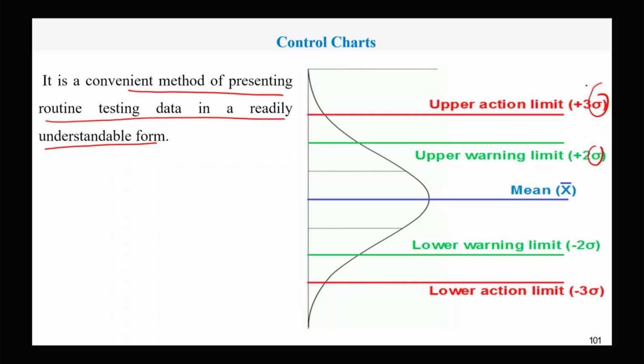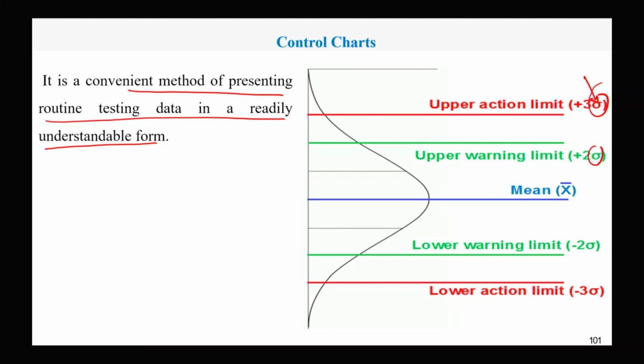This standard deviation sigma is obtained from our previous data, or from the data given by our customer, if they say, okay, we need this much standard deviation. So some standard deviation will be imposed during production, or we can form it based on our previous experience. And this is the control chart, a blank control chart, that is formed.